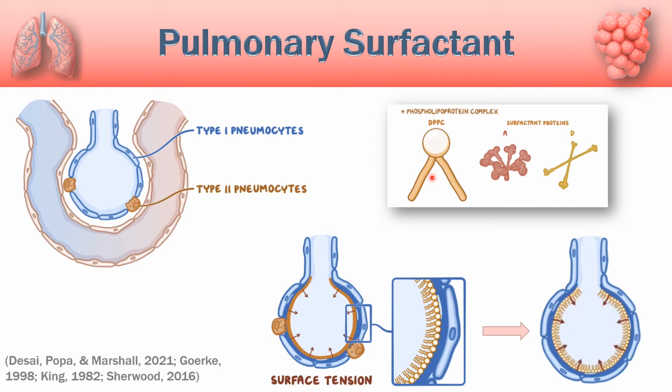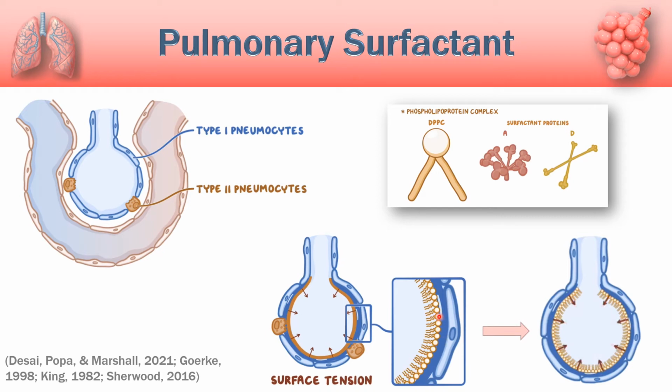The hydrophilic end then obviously adheres to the surface of the water film that lines the alveolar wall, while the hydrophobic tail floats in the air towards the center of the alveoli. So if we see here, the orange is that actual pulmonary surfactant. And here's a zoomed in version of our little DPPC complexes.